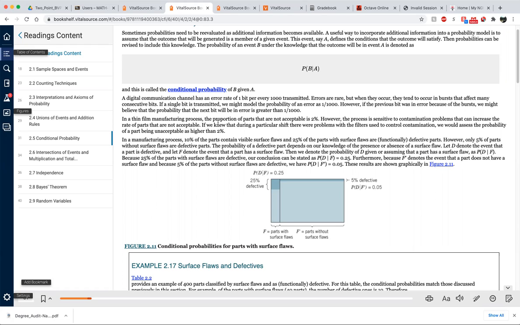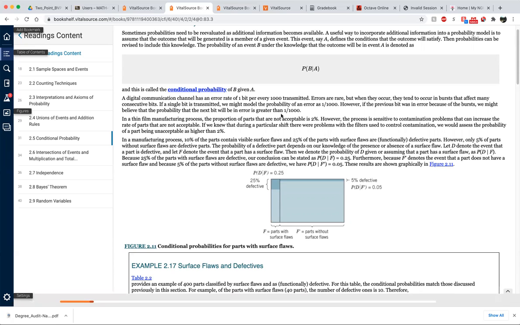However, if the previous bit was in error because of a burst, we might believe that the probability that the next bit will be in error is greater than 1 over 1,000. As you can see, the previous error affects the probability that the next bit will be in error, right? So this is an example of conditional probability.